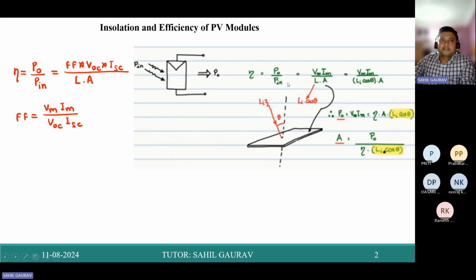In determining the efficiency of PV modules, this is one of the key factors that affect the efficiency. In this session, we are going to solve problems based on the solar insolation, how it is affected by the Earth geometry, and how we can get the incident energy from the solar insolation.